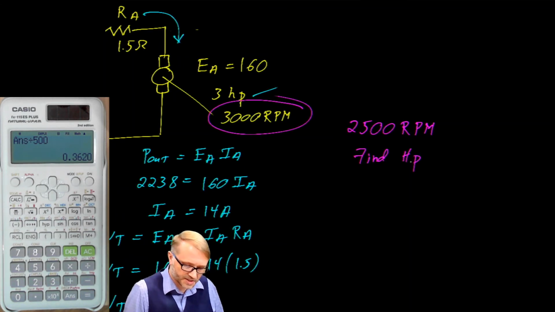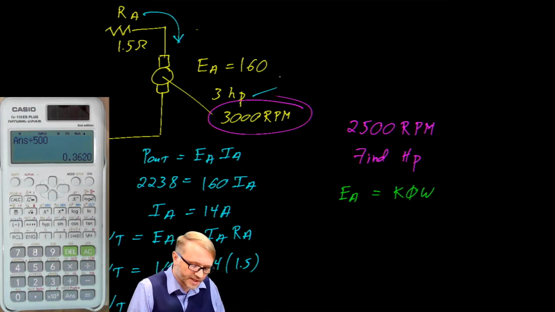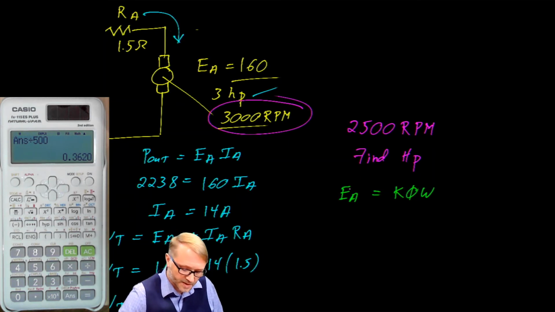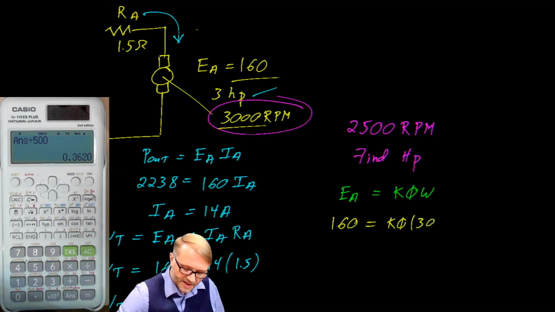To answer that question, we have to pull up this equation. So the back EMF is K phi omega. From our initial operating conditions, we were told the back EMF is 160 volts and the speed of the motor is 3,000 RPM. So we can drop those numbers into this equation. So 160 is equal to some motor constant by some B field by 3,000 RPM.